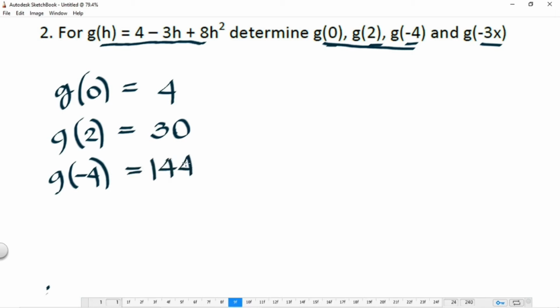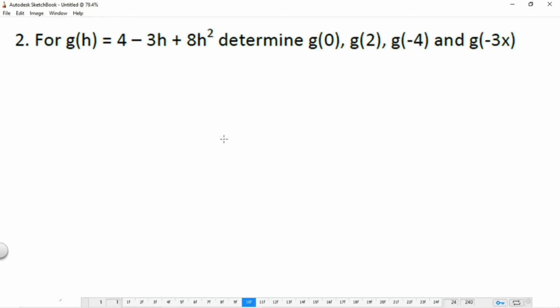144. For the last part, which is g of negative 3x, don't be confused if there's a letter involved, which is x. The concept is still the same, and just treat this letter x for this part as a constant.